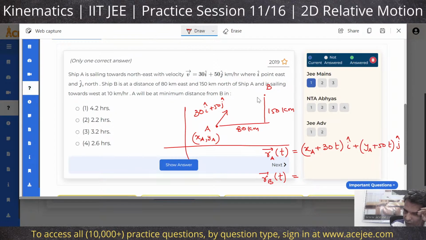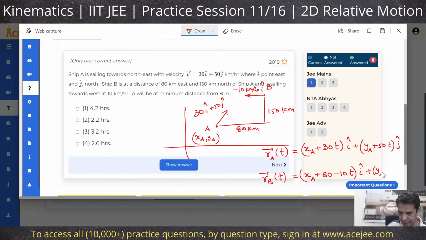Now let's write down the coordinates of B. B's velocity is, B is moving towards the west direction. What is the speed? 10 kilometers. So minus 10 kilometers per hour. So your RB then is XA plus 80 minus 10t. As far as y coordinates is concerned, y coordinate will not change.